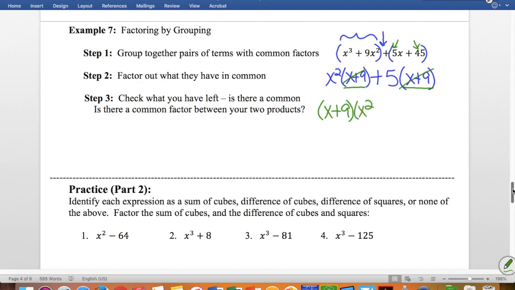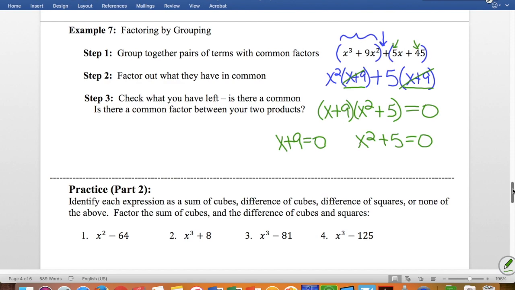If I take this factor away, I'm left with a positive 5. So now I have factored. So I could set this to 0, and I could break this apart to x plus 9 equals 0, and x squared plus 5 equals 0 if I had to continue on, and then I could solve. I could get my 3 solutions.